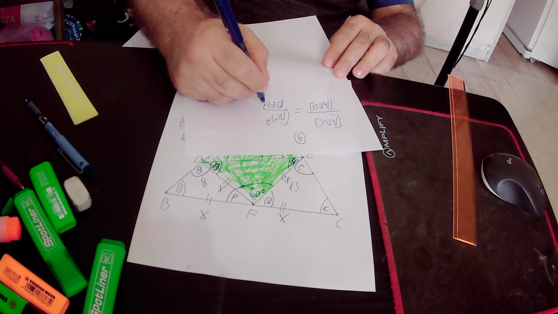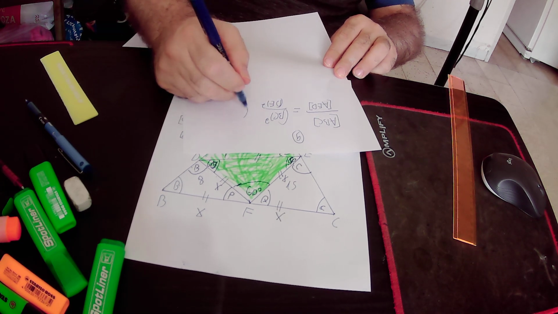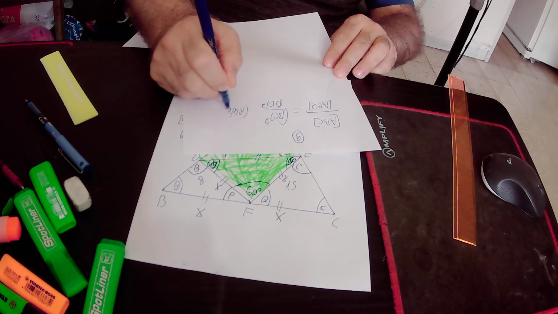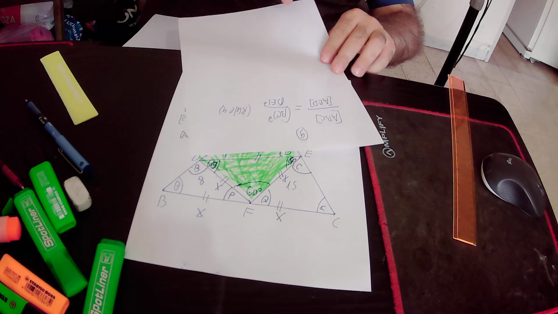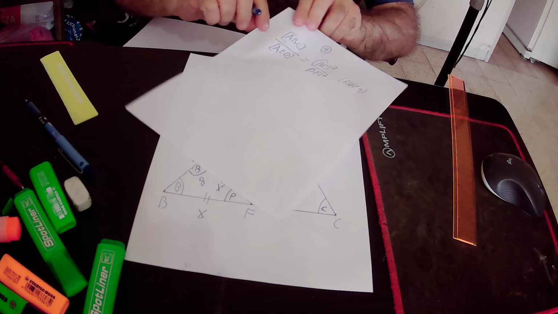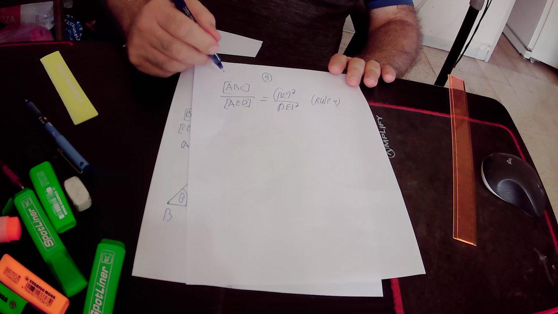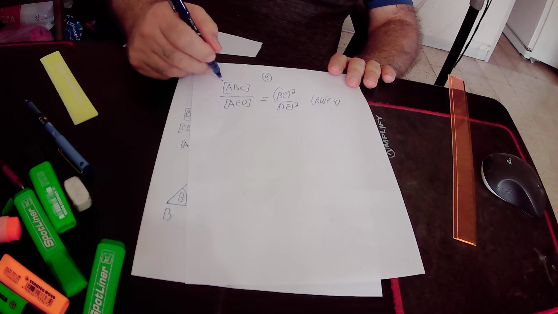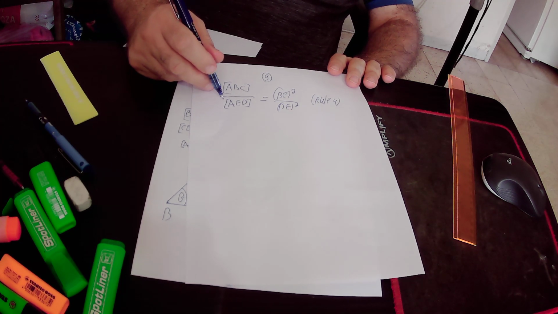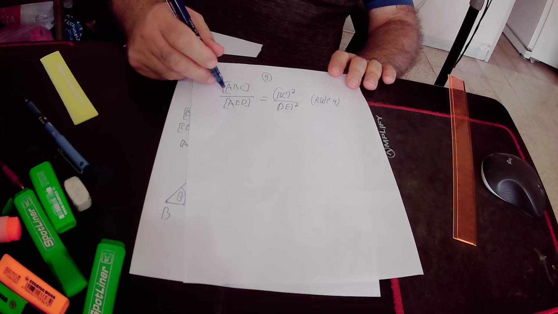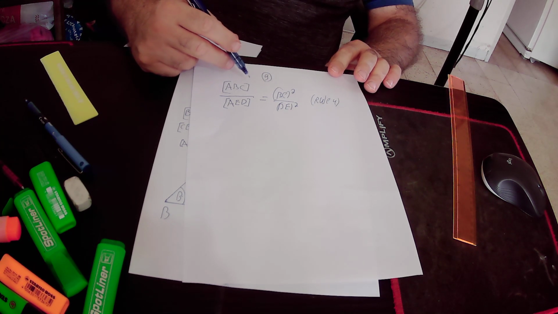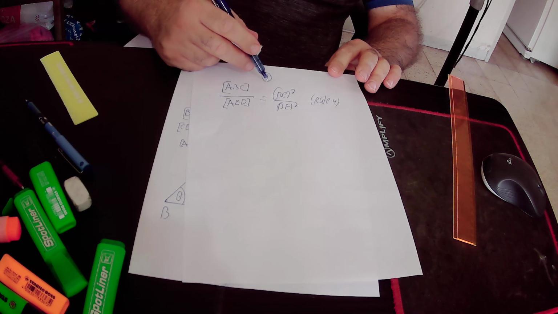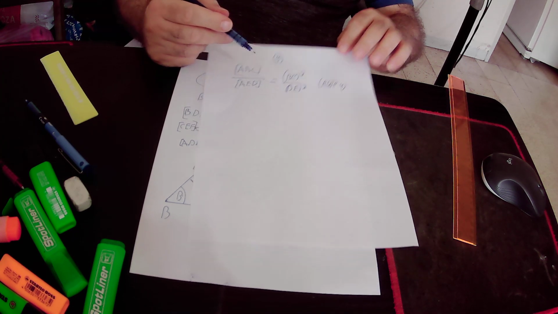Again, according to rule number 4, the ratio between the areas of triangle ABC to triangle AED is equal to the square ratio of their corresponding sides, that is to say, BC square over DE square.